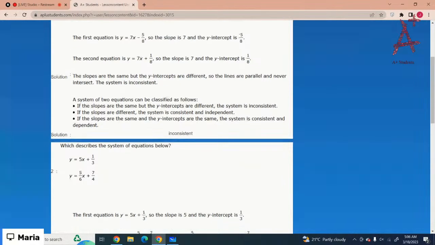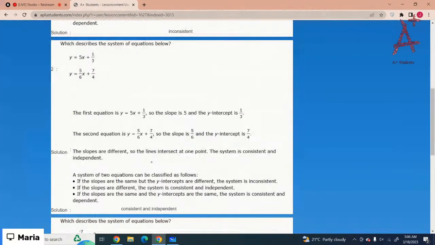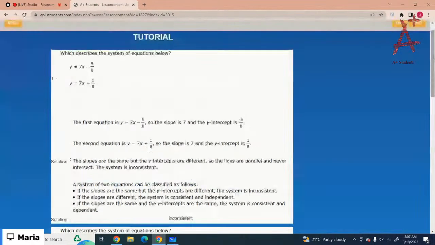So let's look at the other example. You have y equals 5x plus 1 over 3 and y equals 5 over 6x plus 7 over 4. For both the equations, the slope is different and the y-intercept is also different. That means the lines intersect at one point and the system is consistent and independent. Got it? Let's start with the practice questions.